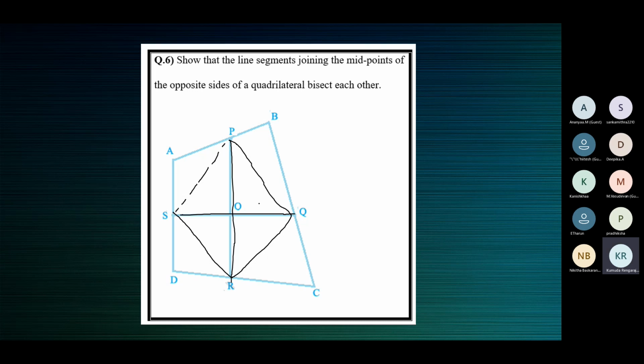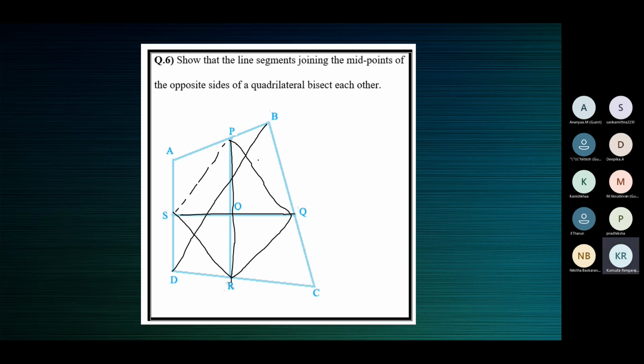Now to prove that PQRS is a parallelogram, we need another construction. We need to join one of the diagonals of the outermost quadrilateral. The outermost quadrilateral is ABCD. We need to join any one of the two diagonals, so you can join BD or AC.